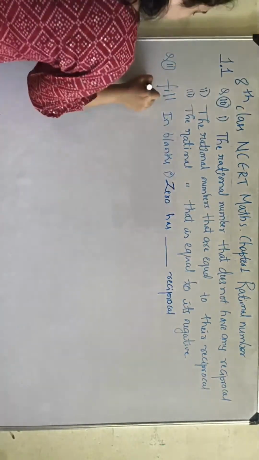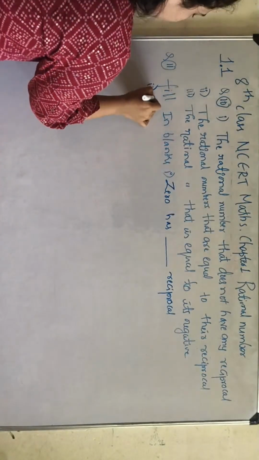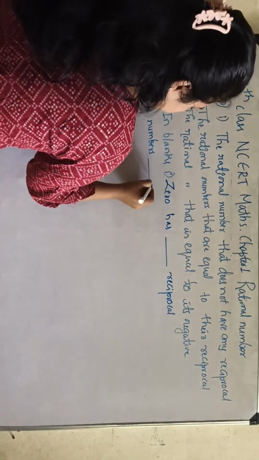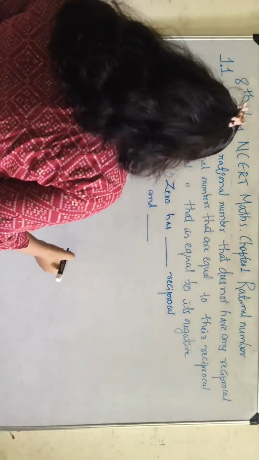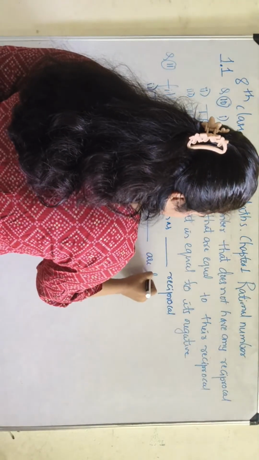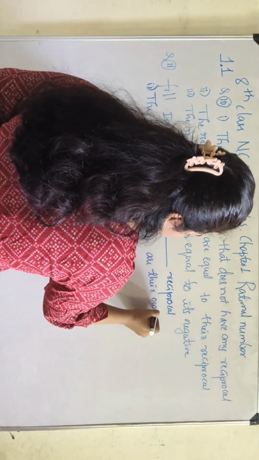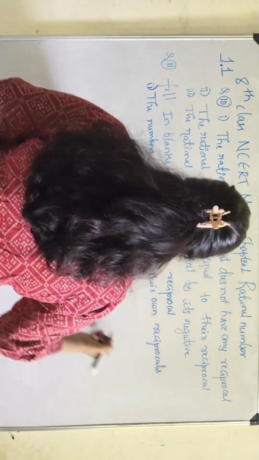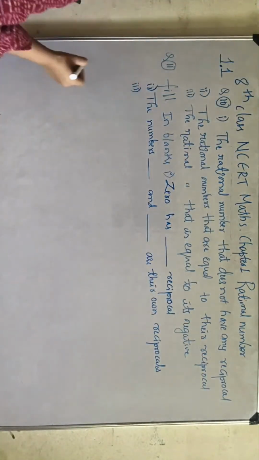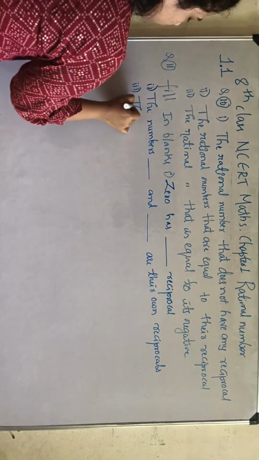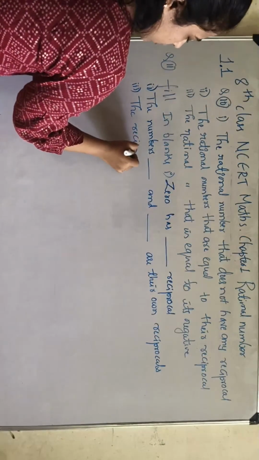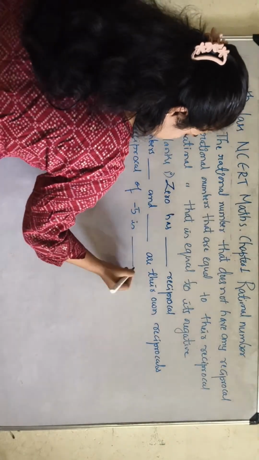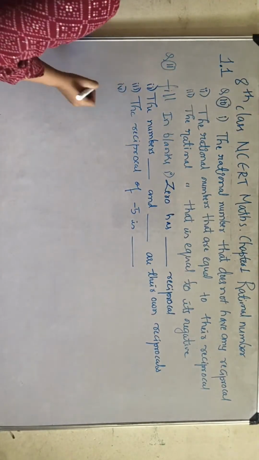The second question: the numbers dash and dash are their own reciprocals. And the third one: the reciprocal of minus 5 is dash.